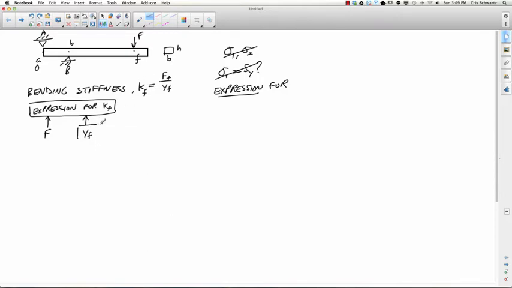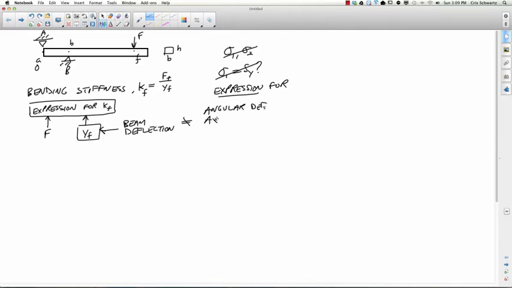So the next step in our logic chain is, what do we need to know to calculate deflection, Y? Just to make sure you're aware of this, if you want to think of it, this is beam deflection. It's not angular deflection.